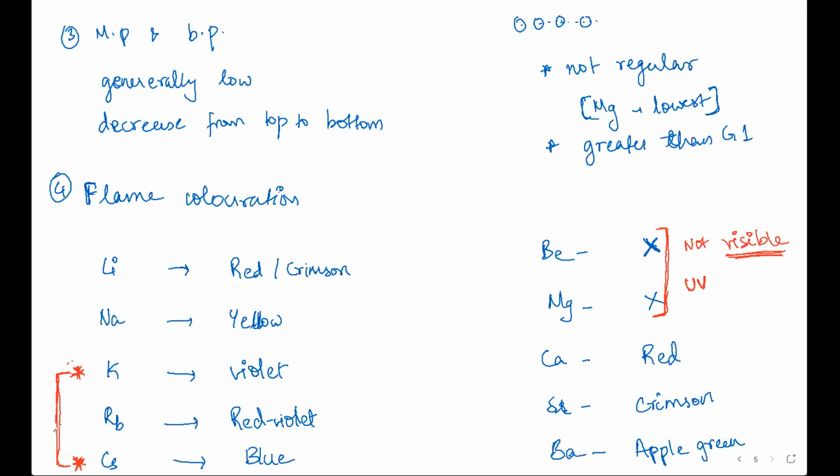Because of that particular property, potassium and cesium are used as electrodes in photoelectric cells. Because their electrons get easily excited on exposing them to energy, they're used in photoelectric cells.